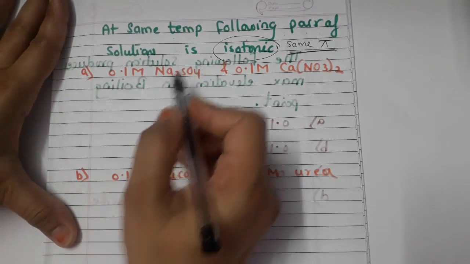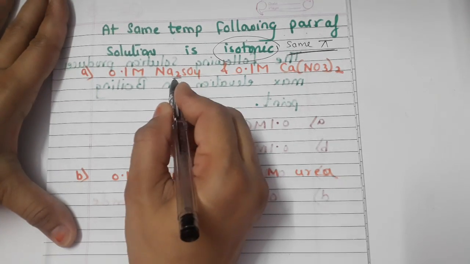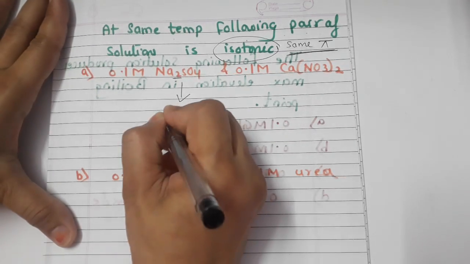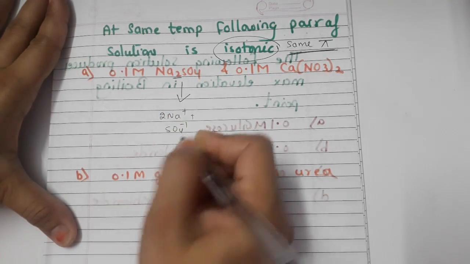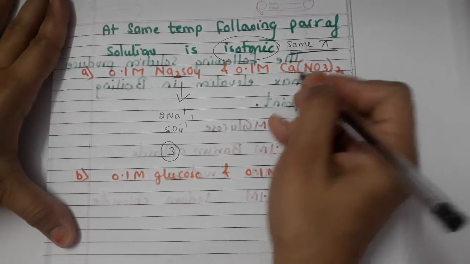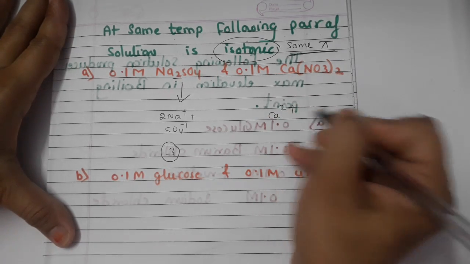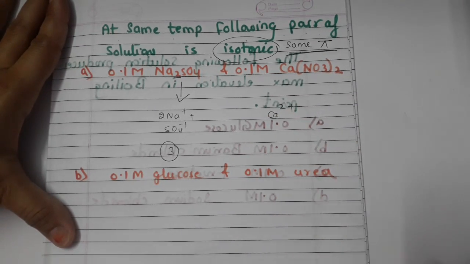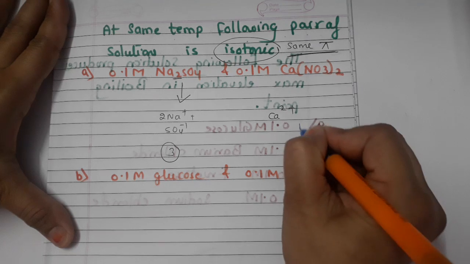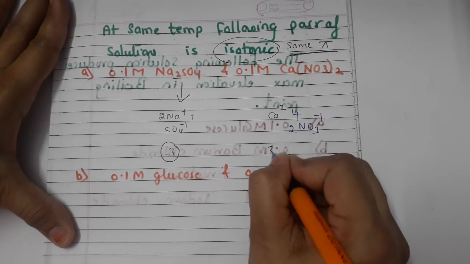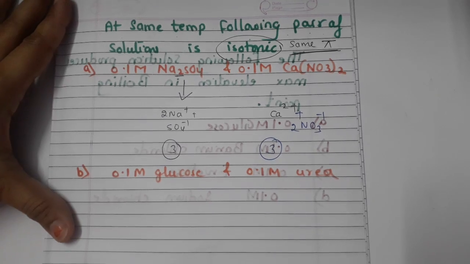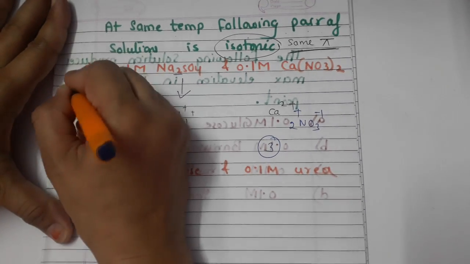Have a look at this. It would be 2 Na plus and 1 SO4 2 minus, so particles are 3. Here, we have calcium and 2 NO3 minus, so adding these, here also 3 are there. So till now, this could be the answer.